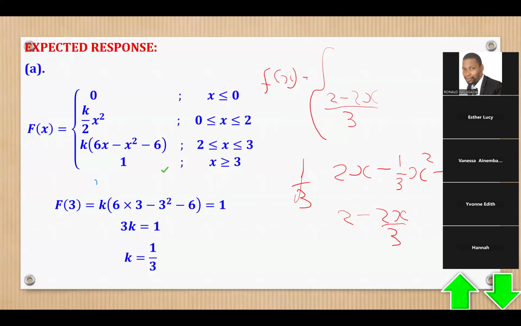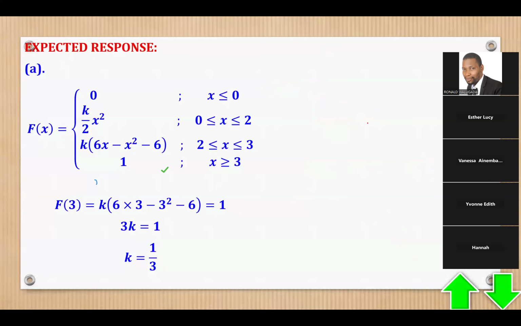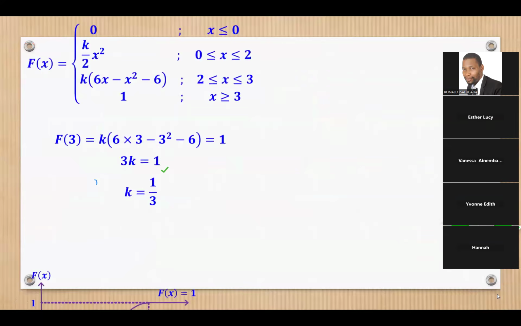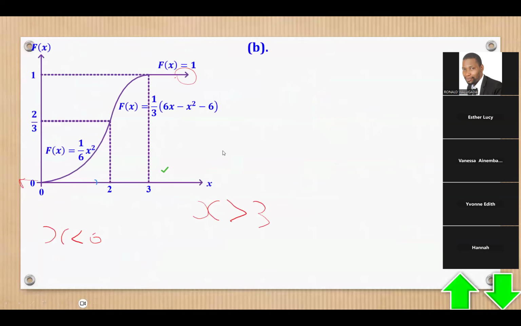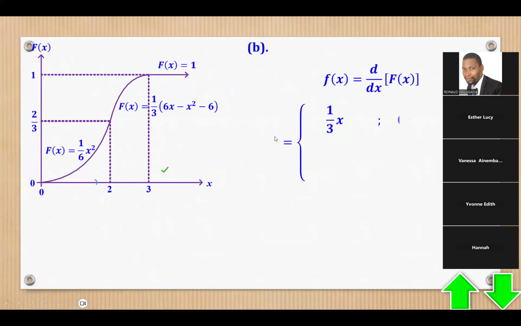Okay, so this division was not for all, it was for only 2x. Then you are correct, I accept. So that means that we are going to differentiate, and differentiating, you can get that as your small fx.